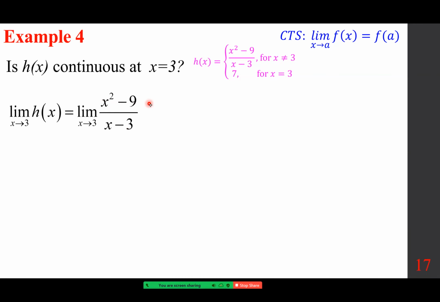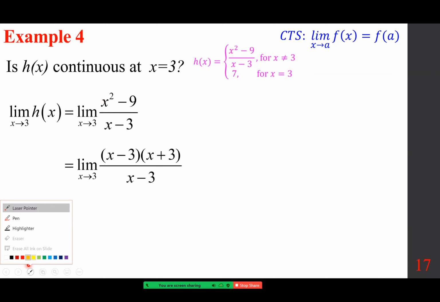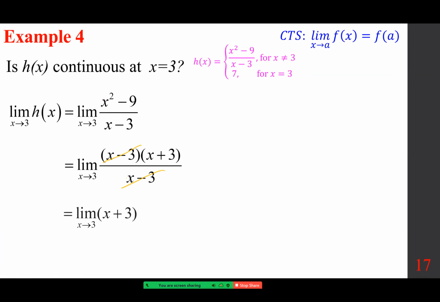So you can write x minus 3 and x plus 3. We get the limit of x plus 3 as x approaches 3. Notice again, we have kept the limit sign. And now we replace it, and the answer is 6.